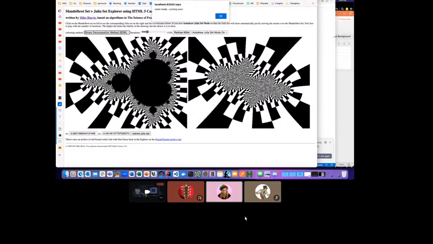The real plane minimum is -2.5 and the maximum value is 0.8, and the imaginary plane is from -1.25 to 1.25. So what we're doing is working out the proportion of those numbers, what each pixel represents, and then we go around each pixel and compute it back. Does that make sense?